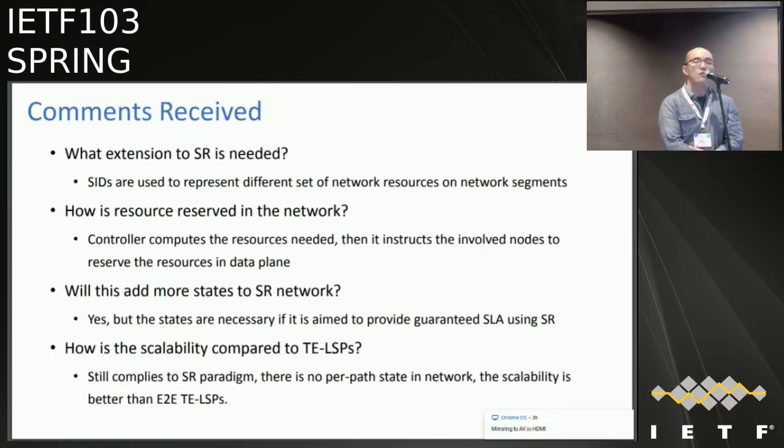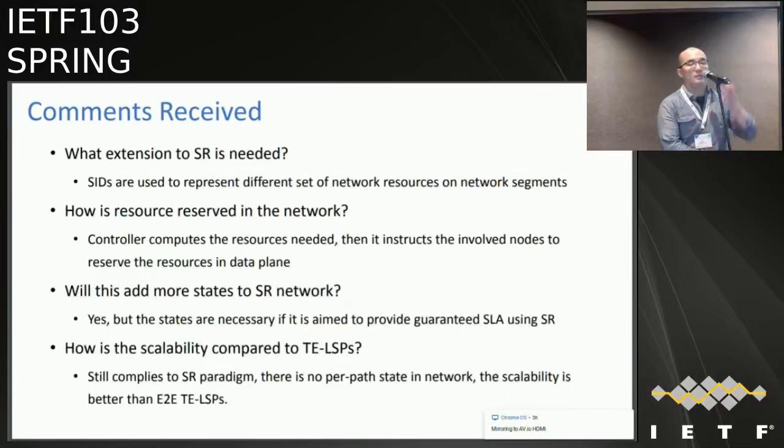And how to reserve resource in the network? This is the question asked during the last presentation. Here we'd like to clarify that we need the controller first to compute the resource needed. Then the controller also needs to instruct the involved nodes in the network to reserve the resource in the data plane in order to guarantee the performance.